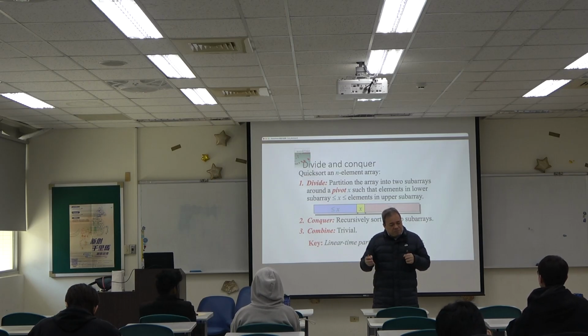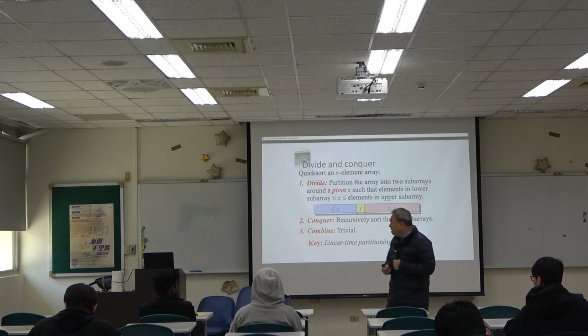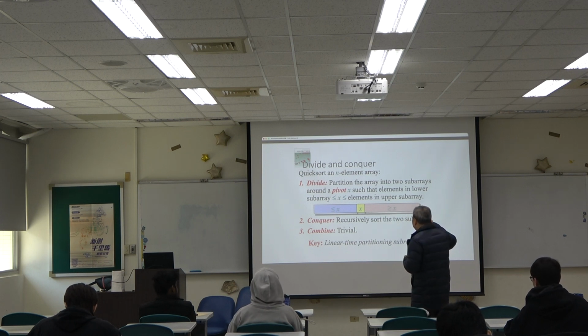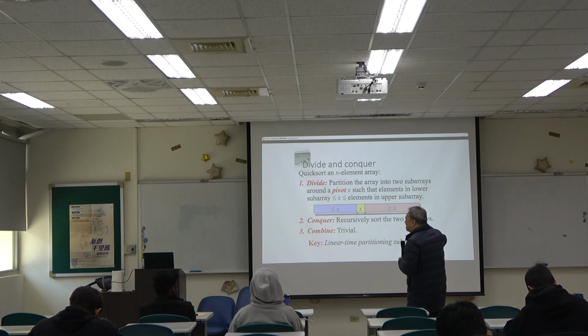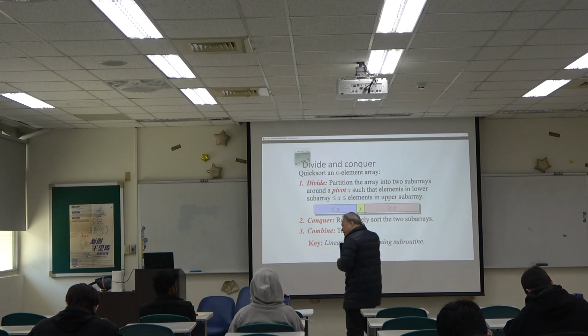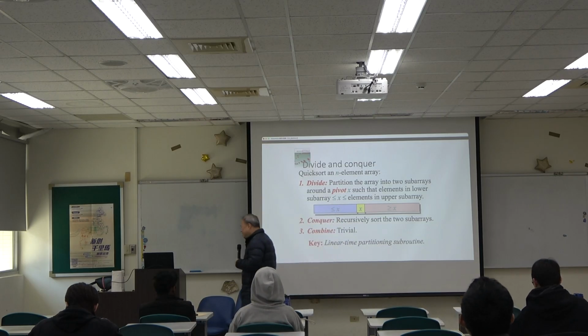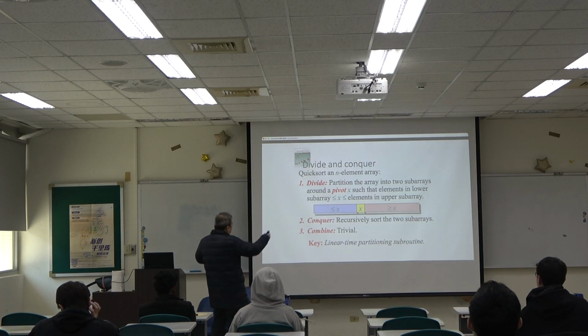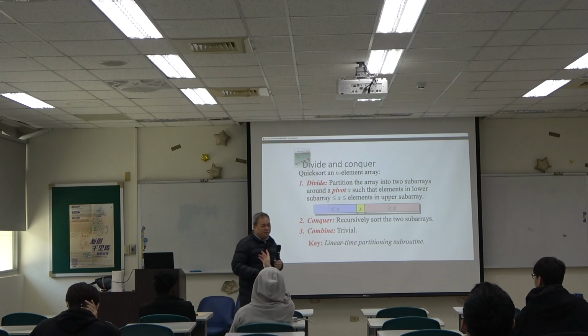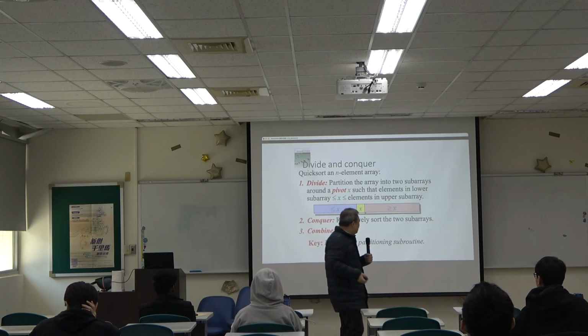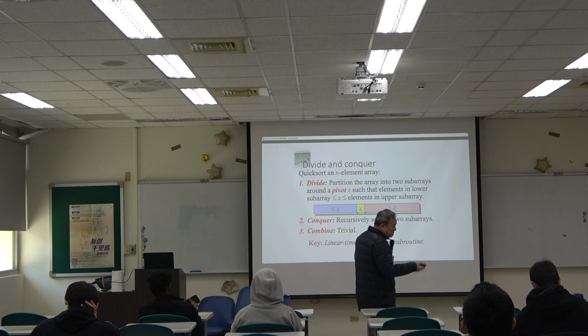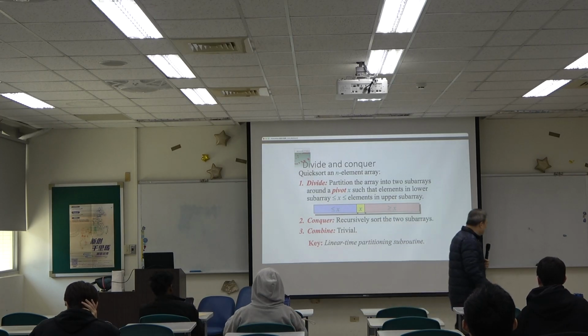And in the merge sort, the complicated part happens in the merge part, which is the combination. In the quicksort, the idea is exactly opposite. The difficult or complicated part happens in the divide, the conquer is always just a recursive call, and the combine is trivial.